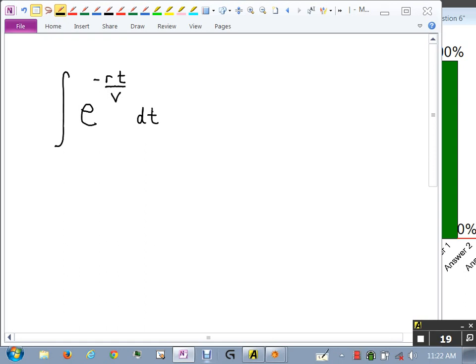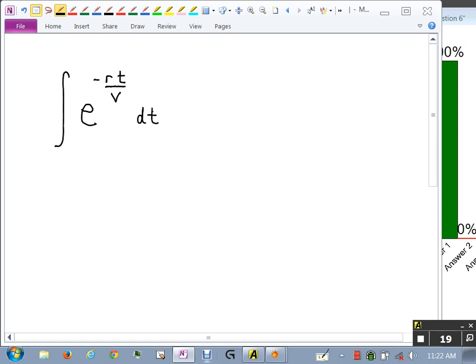Now the question becomes, what's r and what's v? In a Calculus 2 class, r and v are constants. In Cal 3, r and v could be variables, and you have to ask yourself how you integrate something that has 2 variables in it instead of 1. But that's beyond the scope of this class.